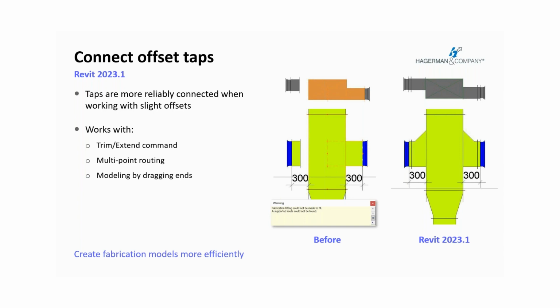Now, in Revit 2023.1, it behaves as you would expect, and now taps are more reliably connected when working with short distances. The feature helps you create fabrication models more efficiently and now better, as all the parts can be connected analytically as well as physically connected in your model.